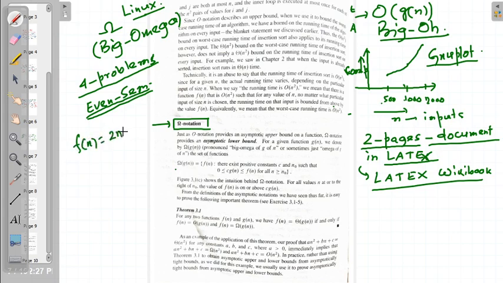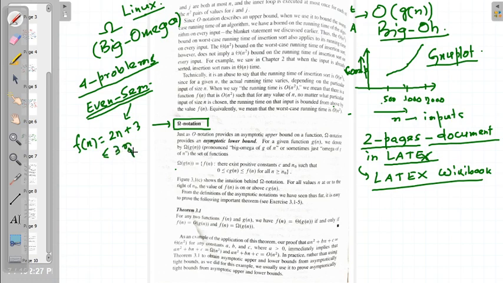First, f(n) equals, say, 2n plus 3, which has come from some algorithm. In the last class we have seen that we wrote f(n) less than or equal to c of g(n), maybe 3 of n.